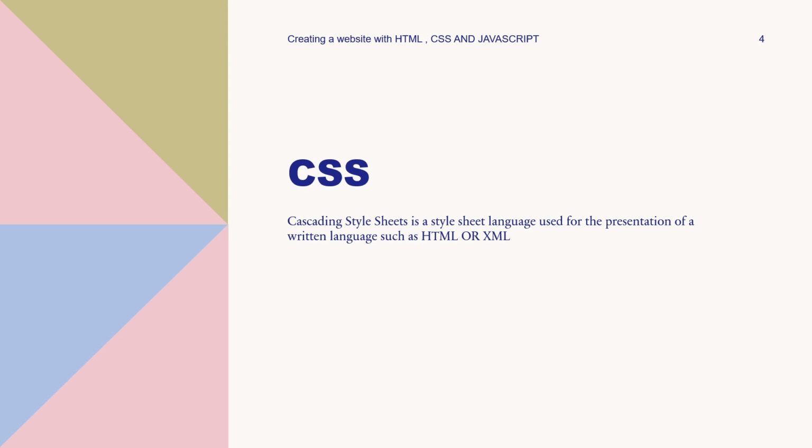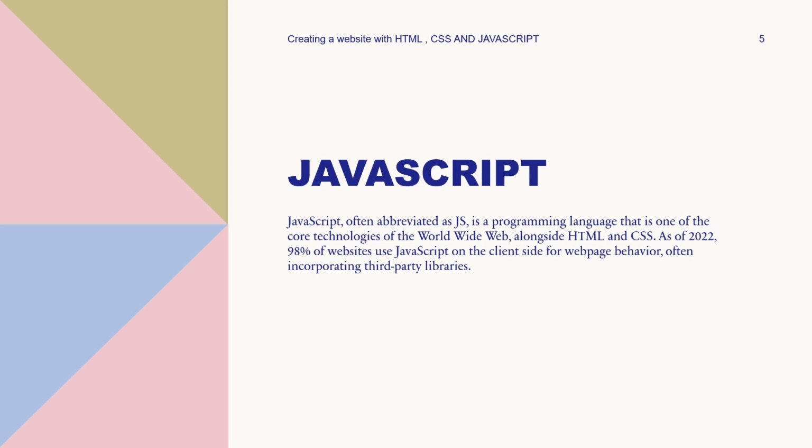And also JavaScript, not to forget about. JavaScript is mostly abbreviated as JS. It's a programming language that is one of the core technologies of the World Wide Web, alongside HTML and CSS.